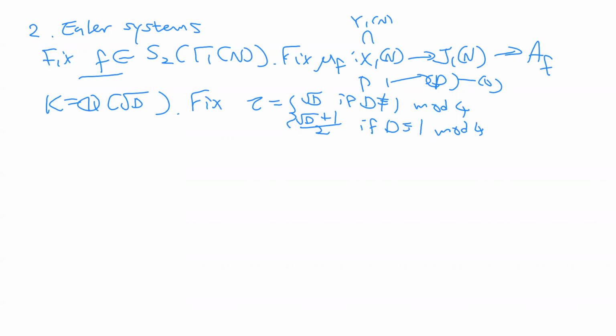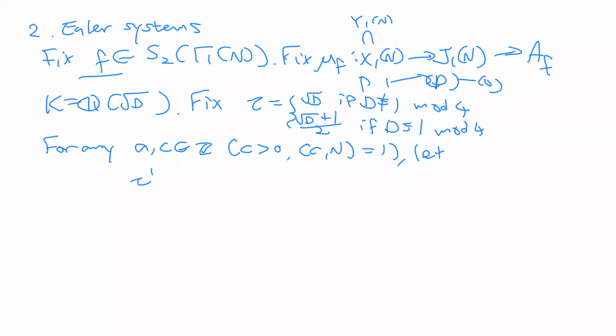All right. Then for any integers a, c where c is positive and c is prime to N, let tau prime be a plus tau over c.